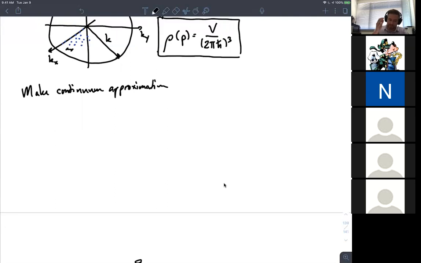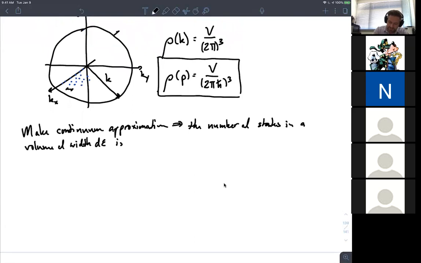The continuum approximation is such that the number of states in a volume of width dE is, so again, what we're going to do is kick our shell out by some amount so that we can calculate a volume.